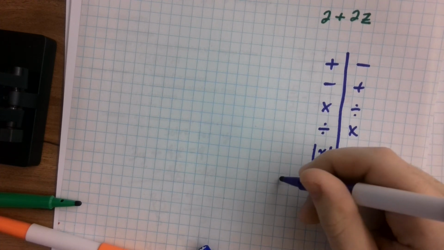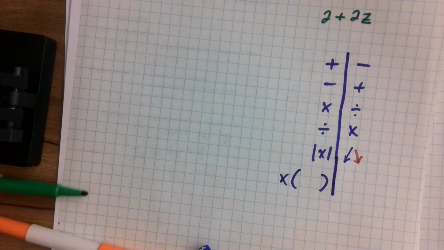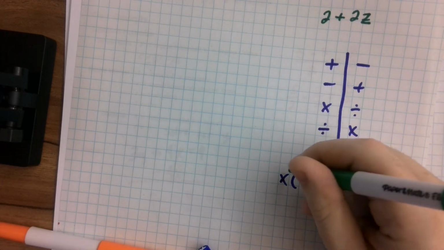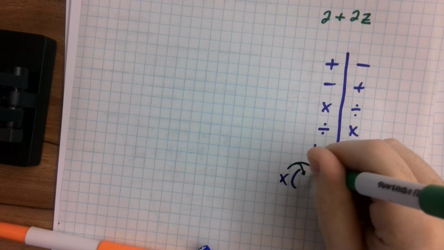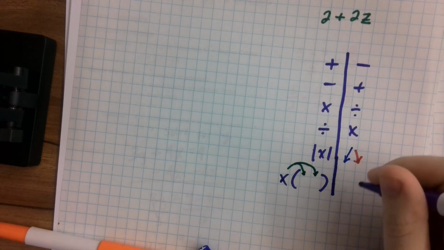The opposite of distributing. Now you remember distribution. Whenever there's a number outside of parentheses, you can multiply it to all the things inside the parentheses. The opposite of distribution is what's known as factoring.